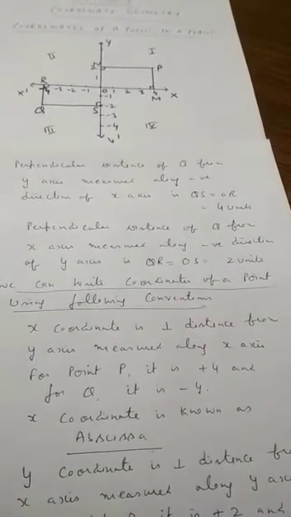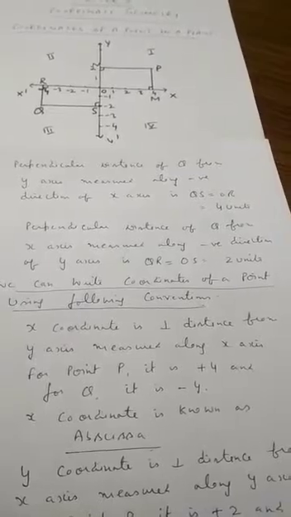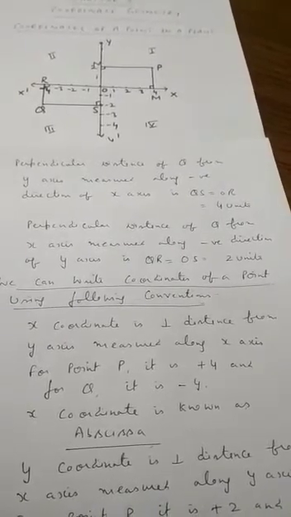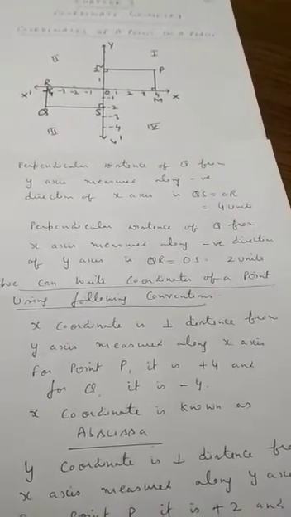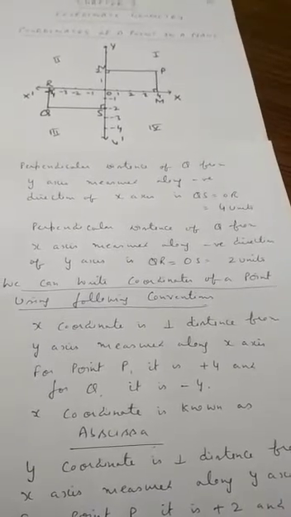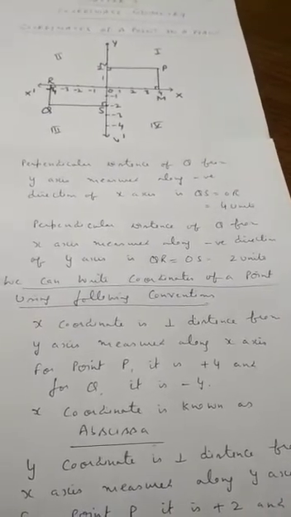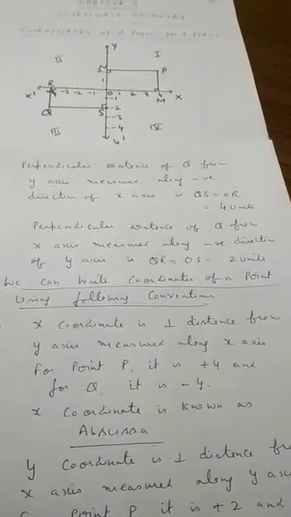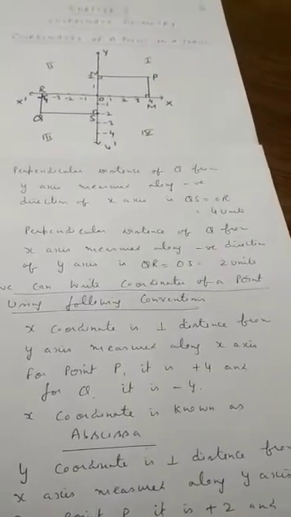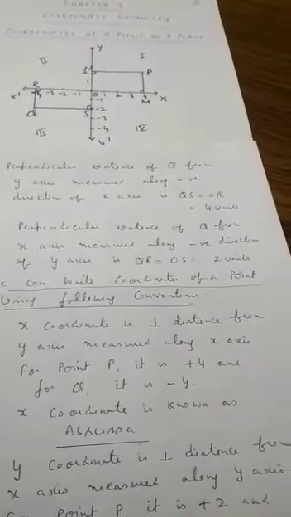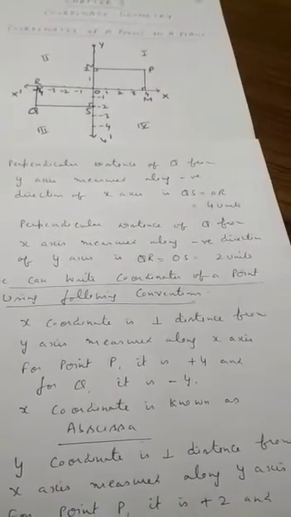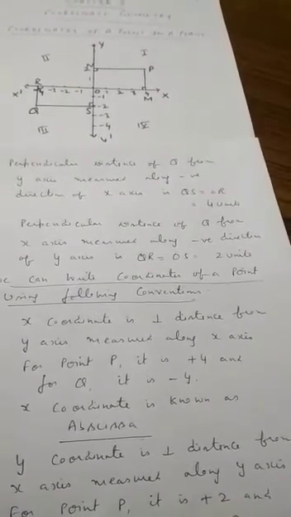Q is perpendicular to the x-axis and to the y-axis. Now I want to find the x coordinate. The x coordinate is the perpendicular distance from the y-axis, that is QS is equal to OR, it is minus 4.